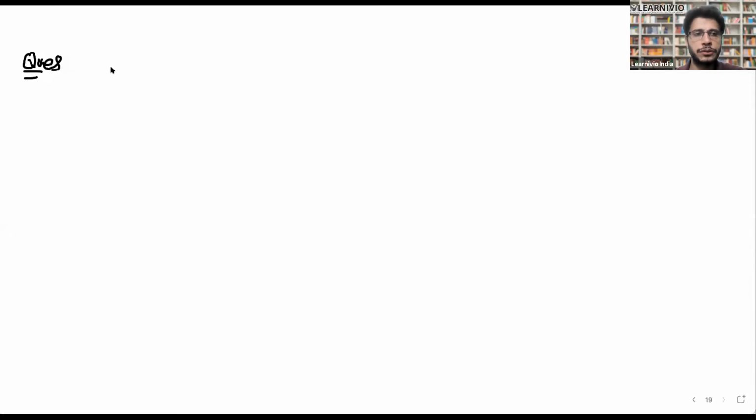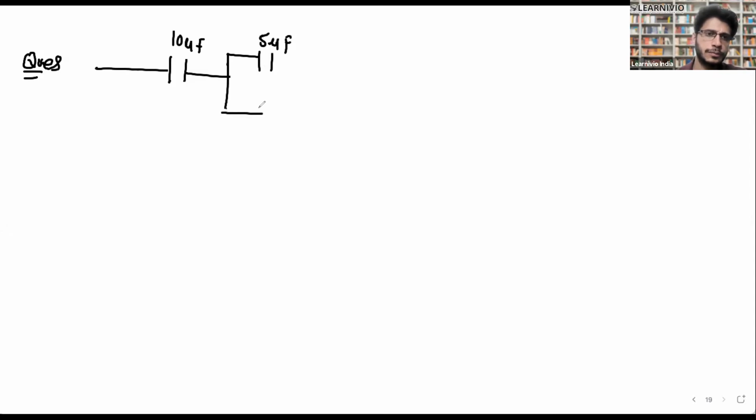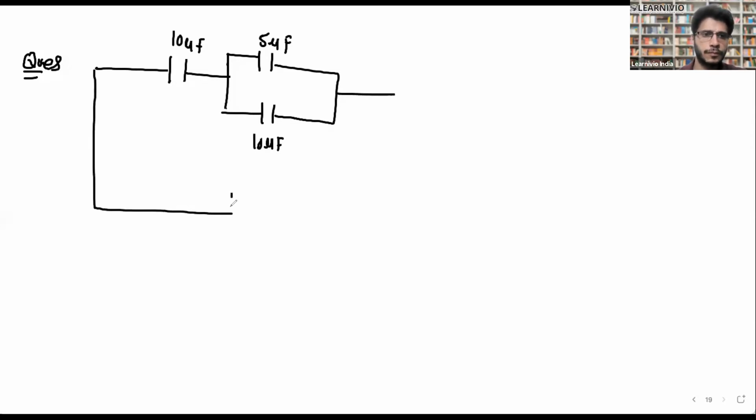The next type of circuits are like this circuit. Let's do this circuit. So this is 10 microfarad. Say this is 5 microfarad. This is 10 microfarad. And this is 10. This is the circuit.